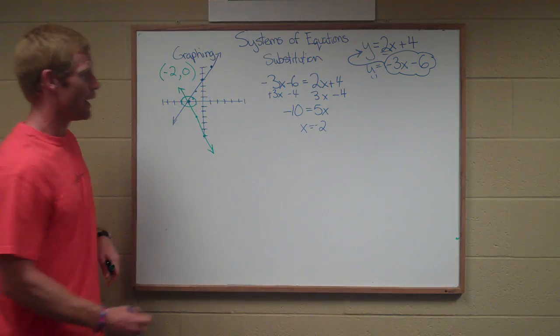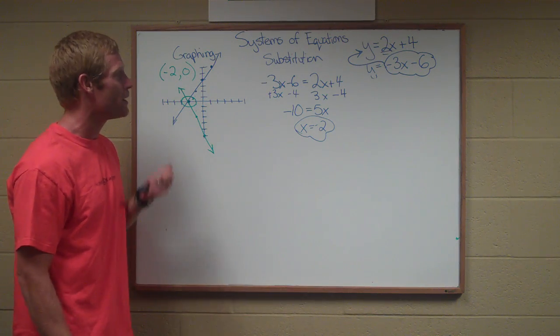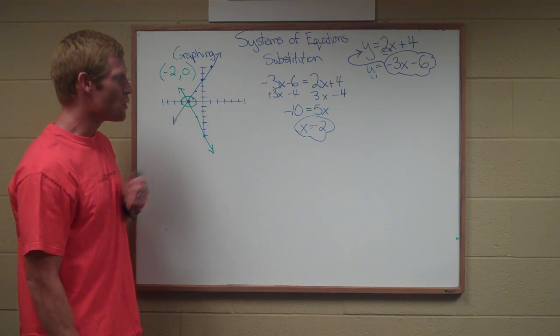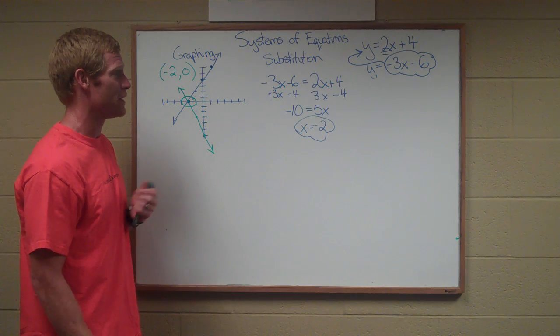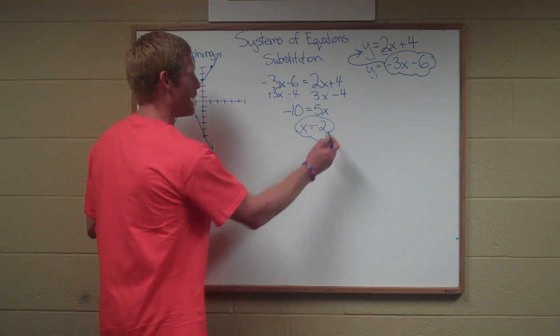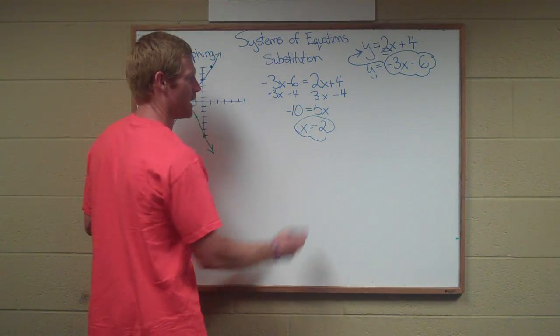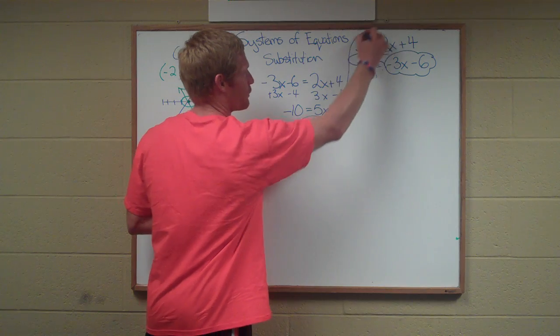Ta-da! All right, so now I've got one of the coordinates. I've only had the x value for this, so I need to get the corresponding y. So what am I going to do? I'm going to take this x, and I can pick either one to sub it back in. So I'm going with the first one.